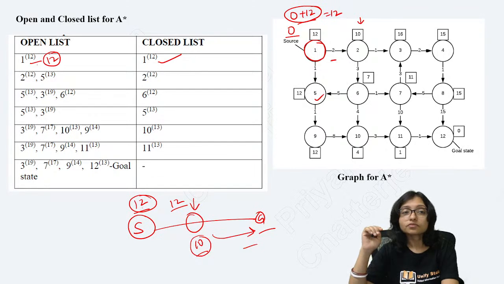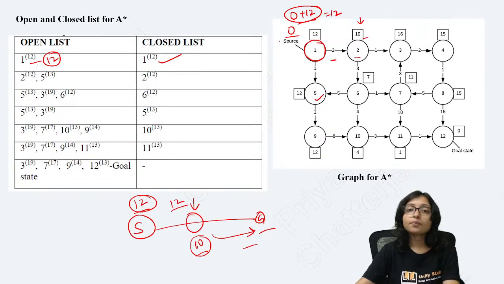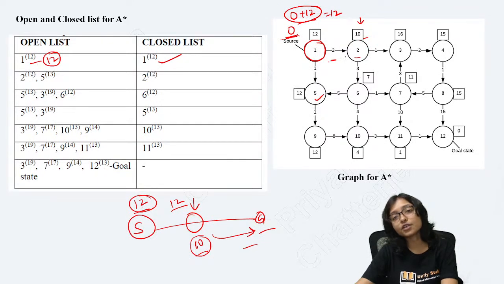Yes. So now this will be updated. How will this be updated? Here you can see this value, 10 plus 2, 12, because the previous one was already 2.